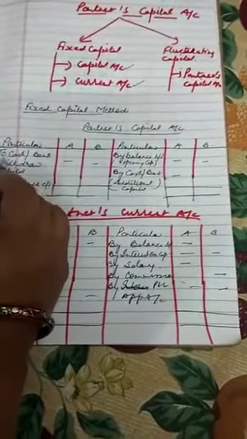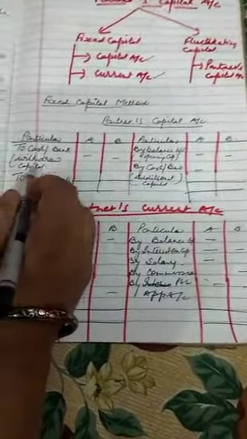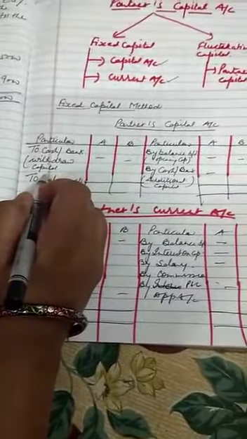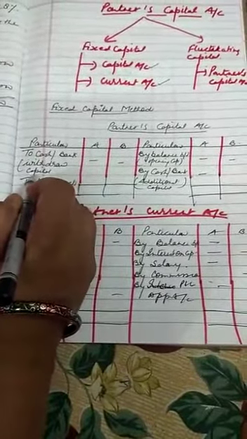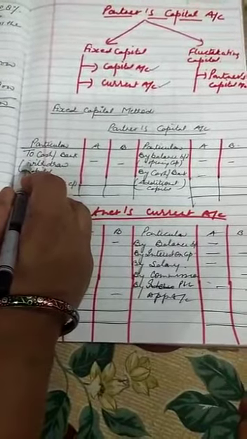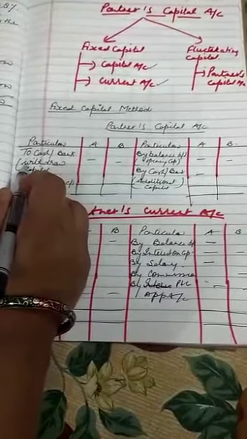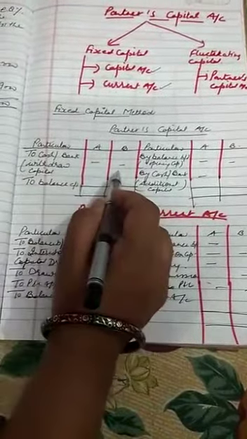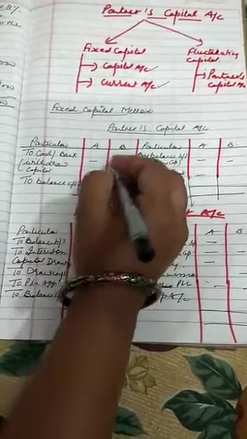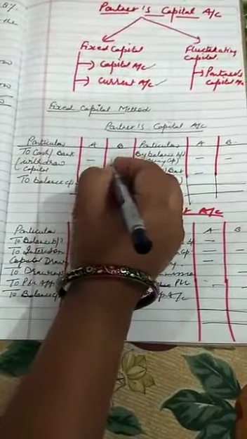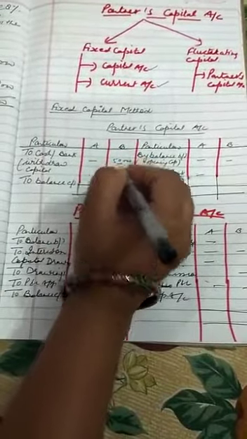If any partner withdraws capital during the financial year, then we write it only on the debit side of the partner's capital account. Suppose B withdraws 50,000 during the financial year, so we write 50,000 in B's column.